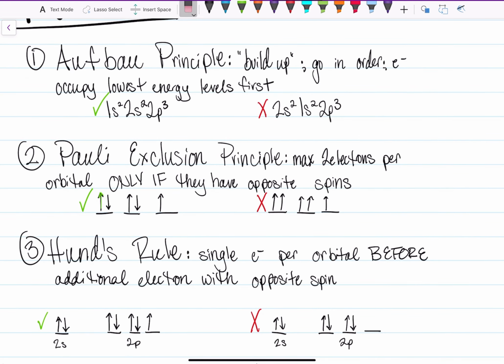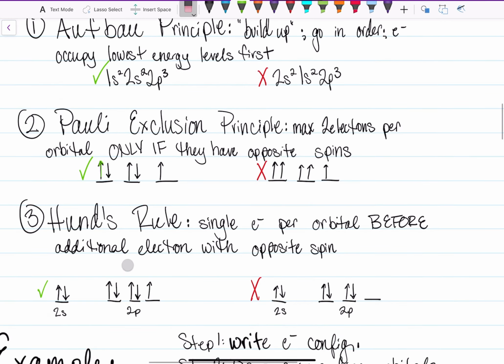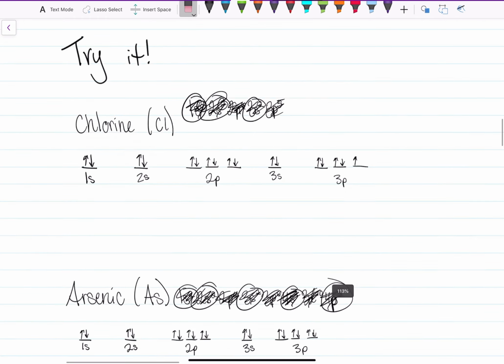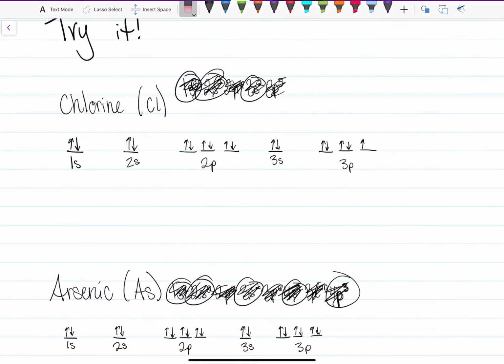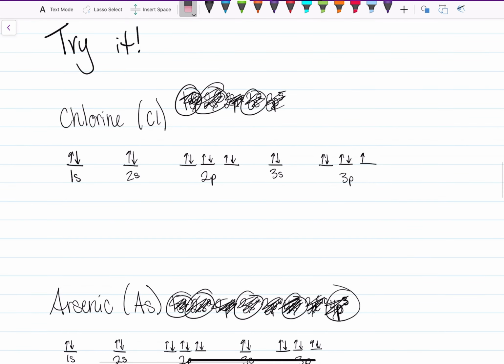The first one, Aufbau, we always go in order. Pauli, we always have our arrows going opposite directions. And then Hund, we put electrons in single before we double them up. And then you guys worked through some examples. If you have questions, let me know. If you would like to go back and rewatch the video, you absolutely can. That is it for drawing orbital diagrams.